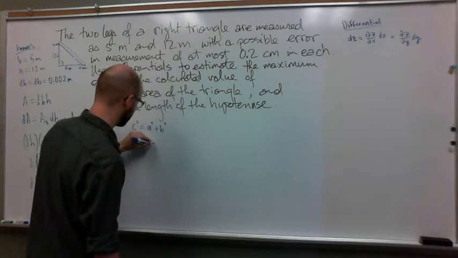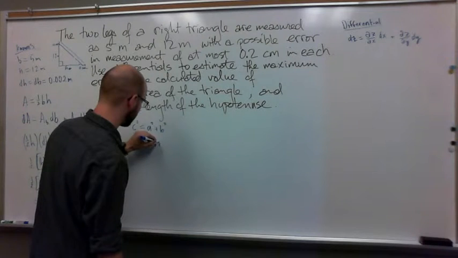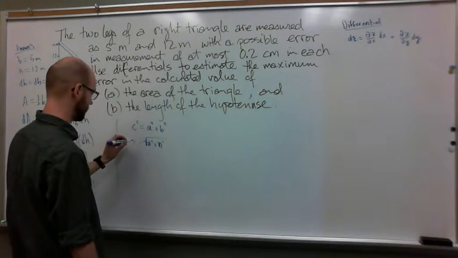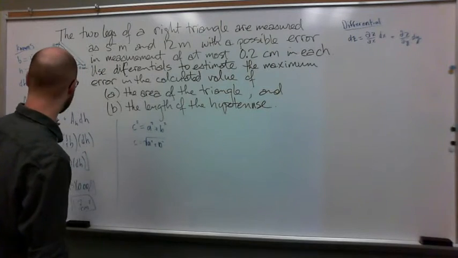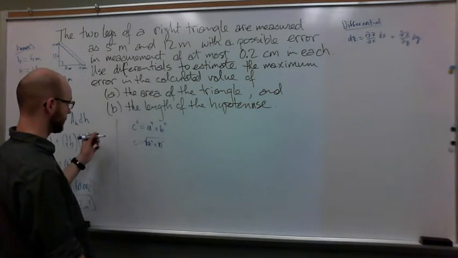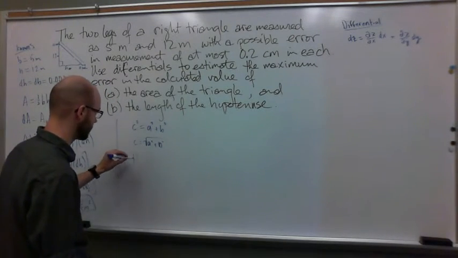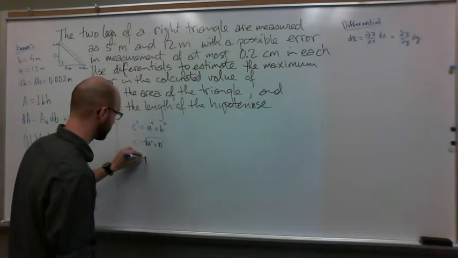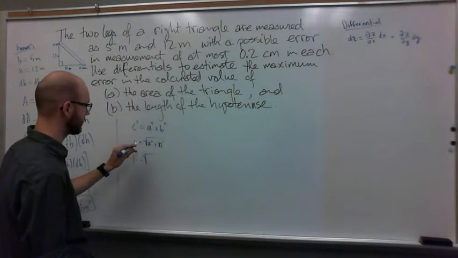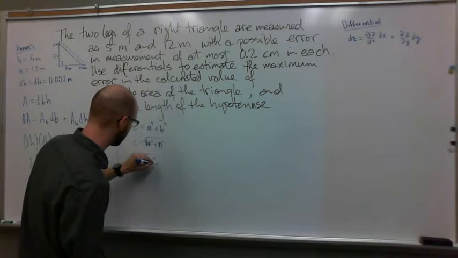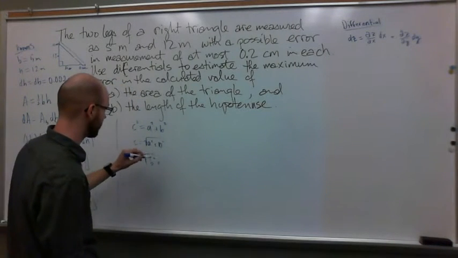It would be the square root of a squared plus b squared. I just have to change our letters around to match our variables, so we'll say that big H is going to be our hypotenuse. This is going to equal the square root of the base squared plus the height squared.